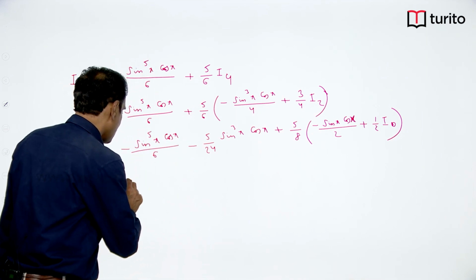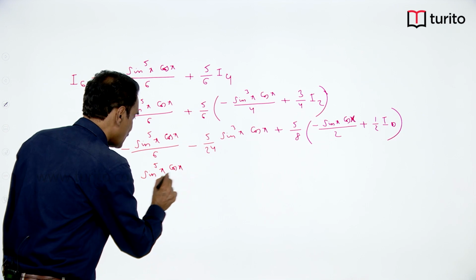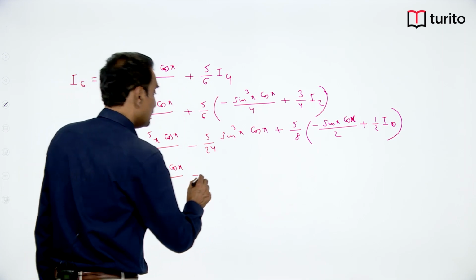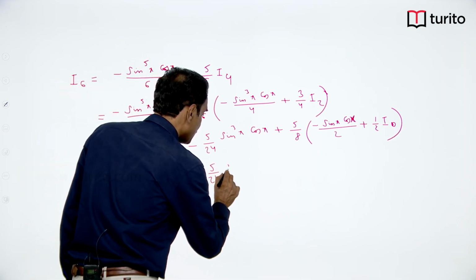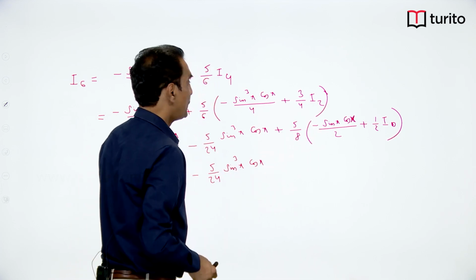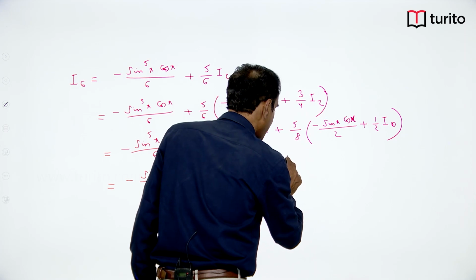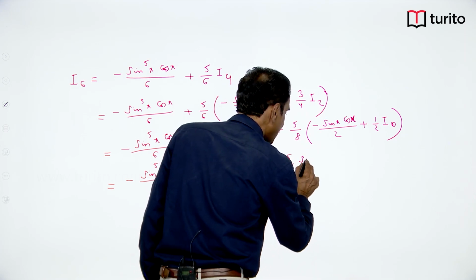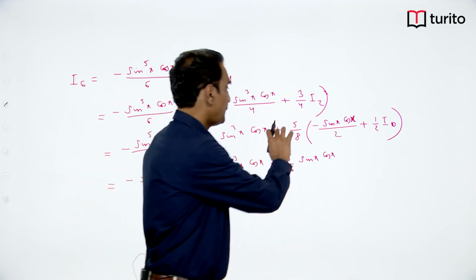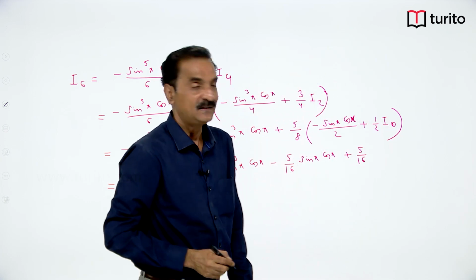So, the final answer will be minus sin^5 x cos x by 6 minus 5 by 24 sin³x cos x. Next is again minus 5 by 8 into 1 by 2, 5 by 16 sin x cos x. Next is 5 by 8 into 1 by 2, 5 by 16 into I0, which is x.